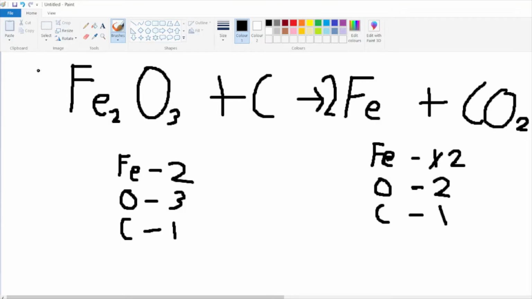So we're going to have to put a 2 in front of the one where oxygen is free to make 6 oxygens. And we also have to take into account how this changes the iron. So now instead of 2 on this side, we have 4 iron, but this is necessary to get our oxygens balanced, because we add 3 onto here to make 6 oxygens on this side.